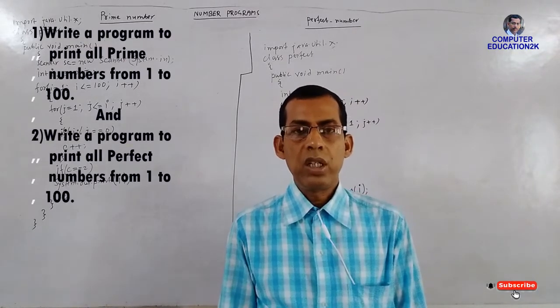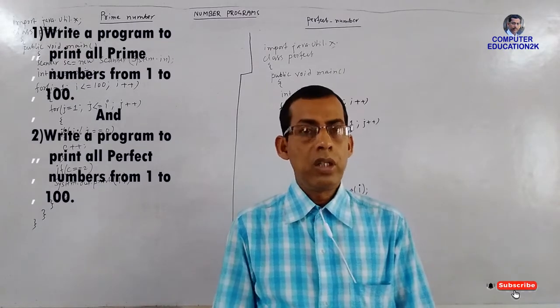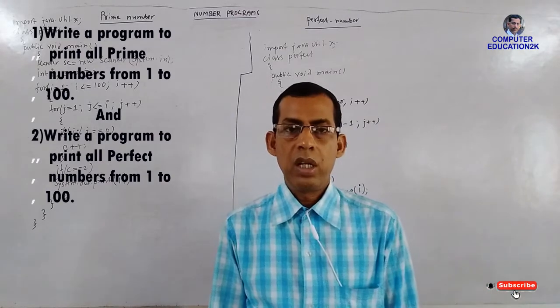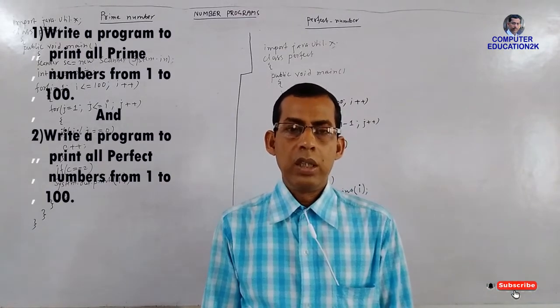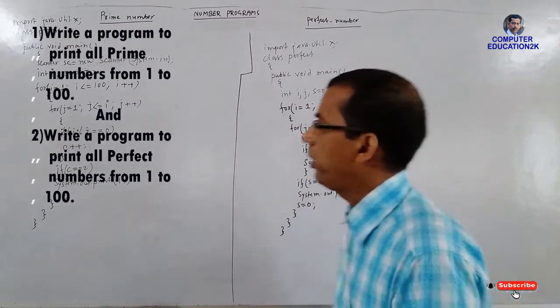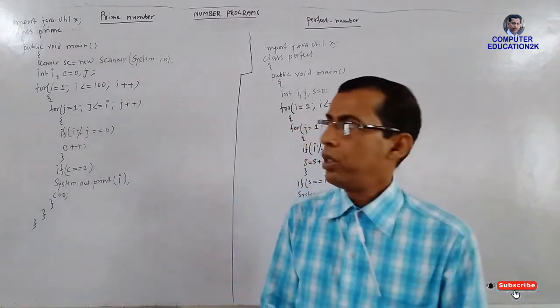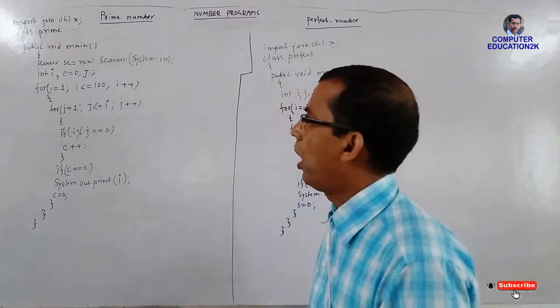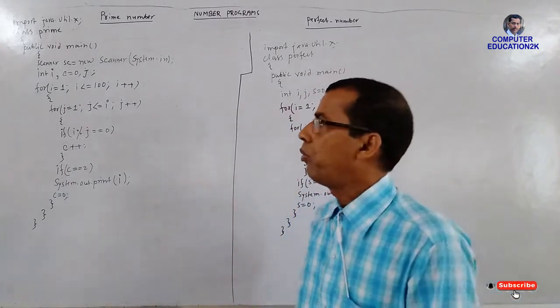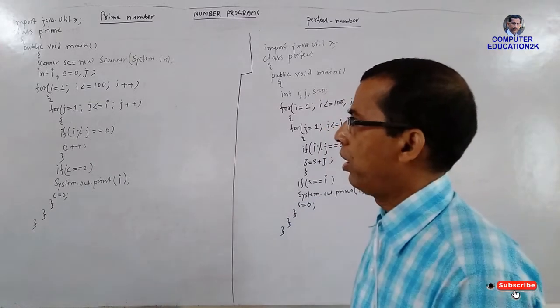Today we will not check; today we will print the prime numbers from 1 to 100, and then in one more program we will print the perfect numbers from 1 to 100. First I will show how to print all the prime numbers from 1 to 100.